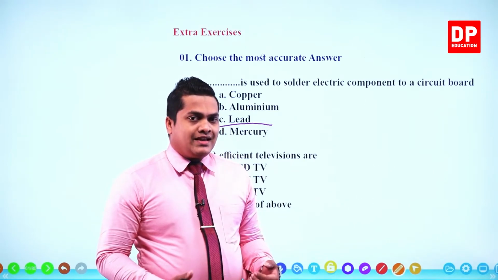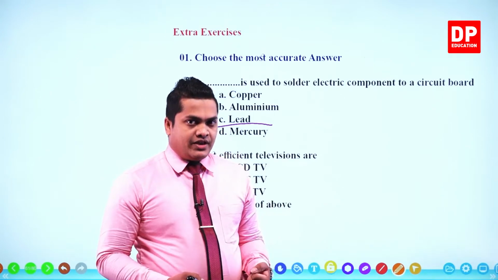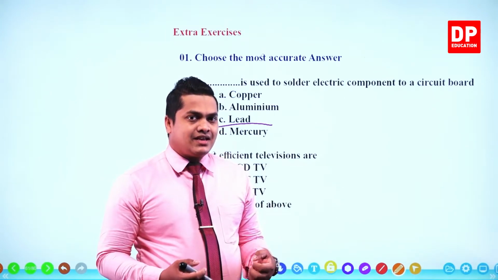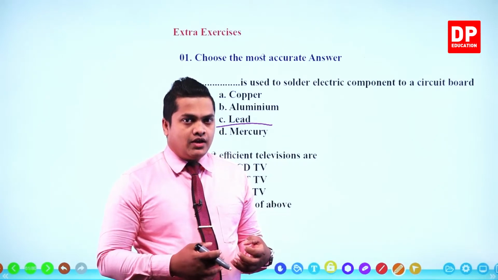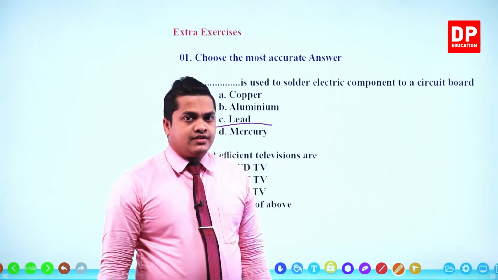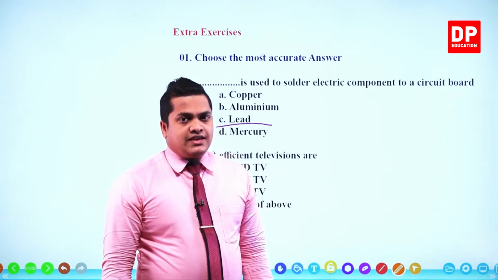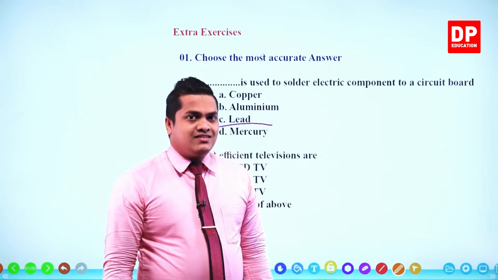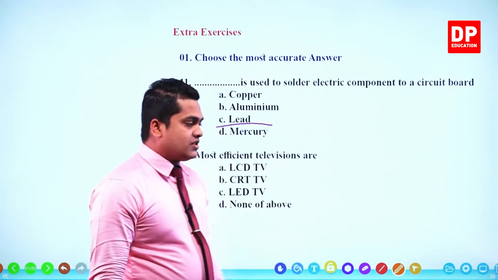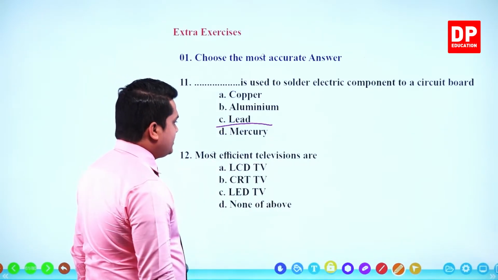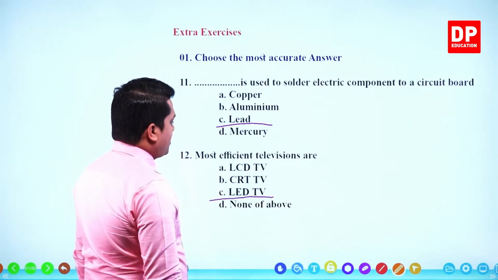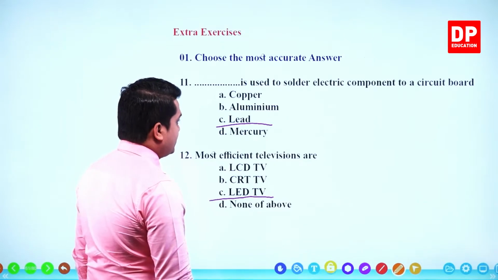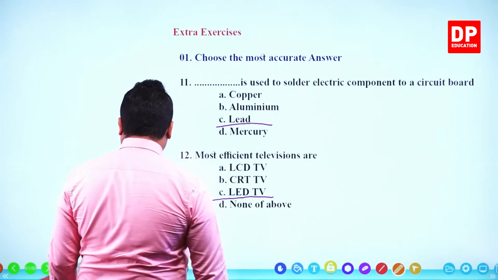An LED is a type of instrument that mainly gives out a lighting effect, so the wastage of electrical energy when operating an LED is very little. So the most efficient televisions are LED televisions.